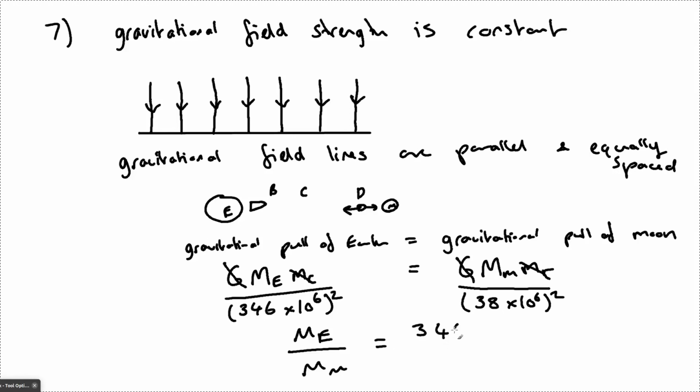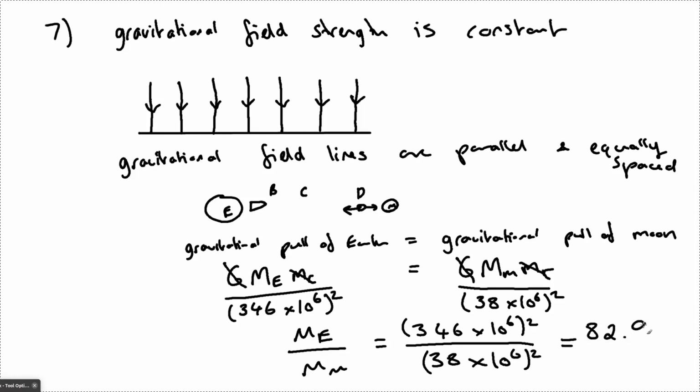What we're going to find is a ratio for the mass of the Earth over the mass of the Moon, which is what we're asked to work out. And if we work that out, that ratio comes to be 82.9. So basically the mass of the Earth is 83 times the mass of the Moon. And that's how we'd go about doing that in answer to question 7.